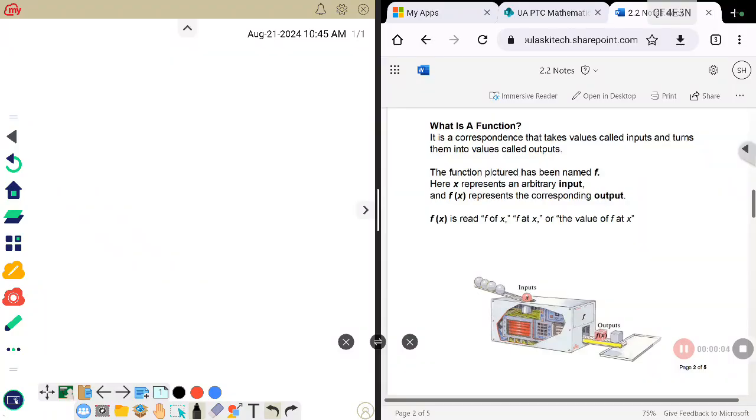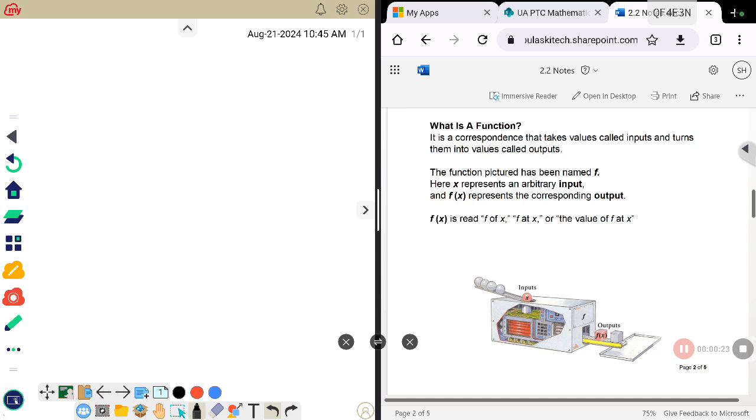In this video, we are going to learn about finding function values. You can think of a function, like in this picture here, as a machine. What you are putting into the function is going to be your inputs.